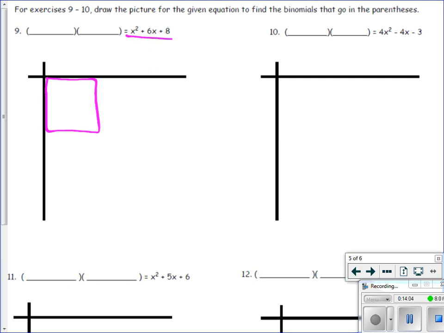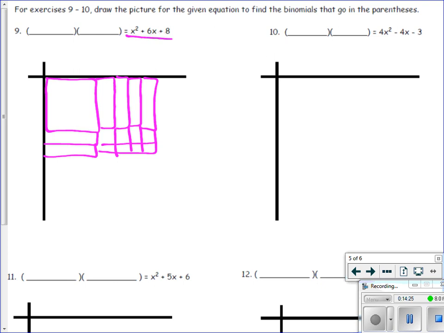Anyone have an idea of what we're going to set up? Perfect. I love that. 4 x's along this side. And then that makes my open spaces for a nice pretty 8 box. Which is wonderful.